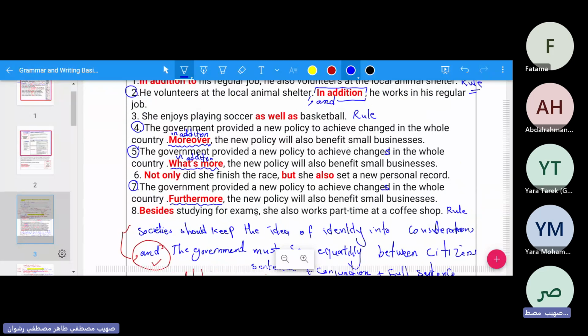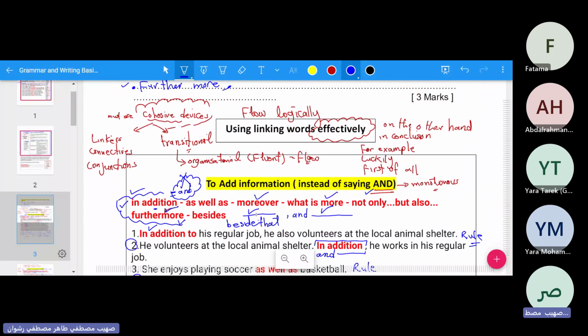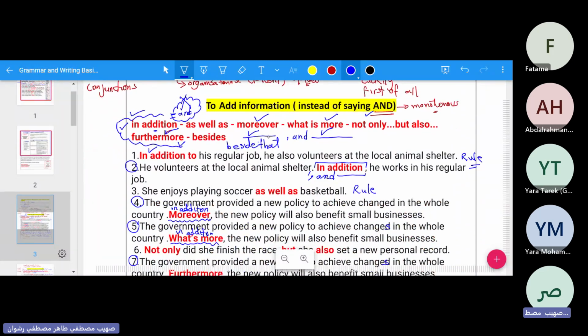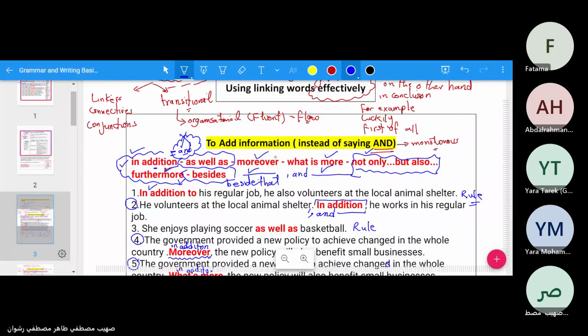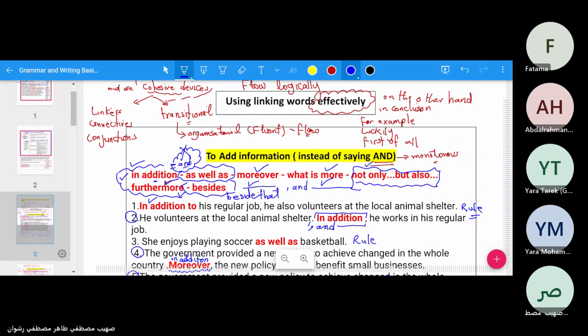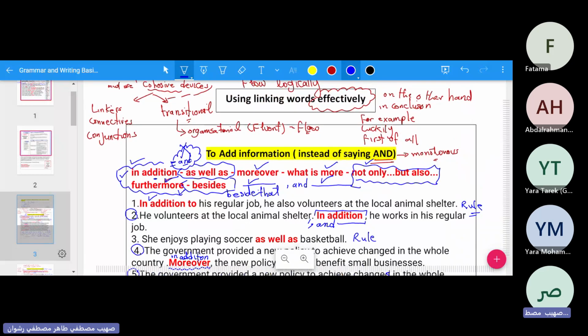What about the one we excluded? Which? Number 1: not only but also, as well as, and besides. Anybody know the difference? As a meaning, they are the same.